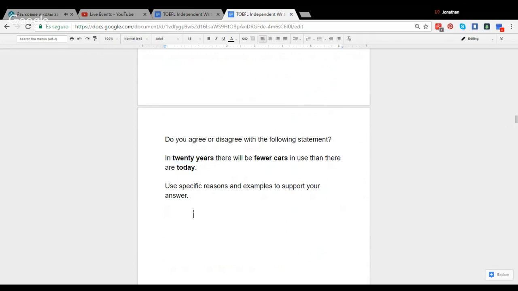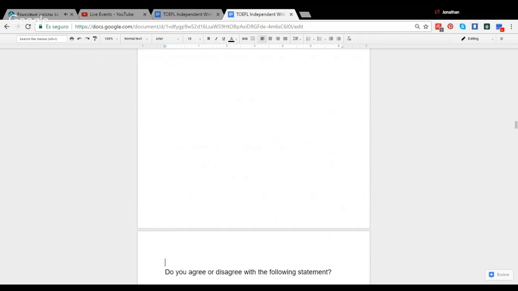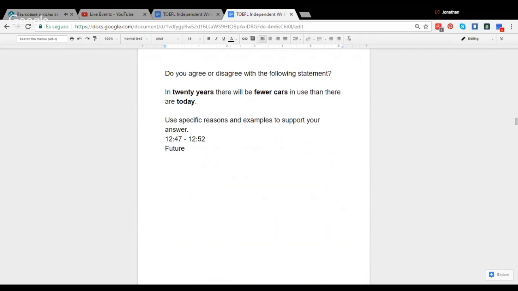So the future versus now. So this is like, am I asking, is it going to be the same, less, or more cars?